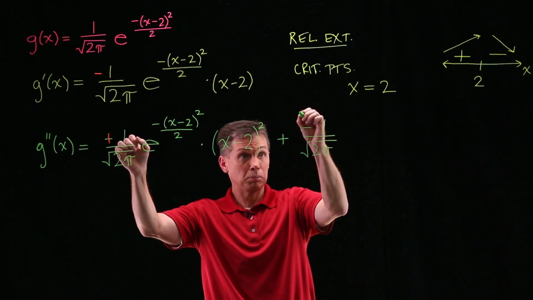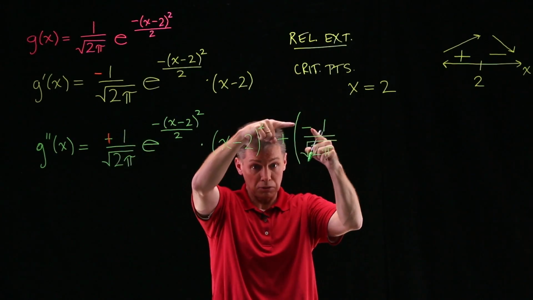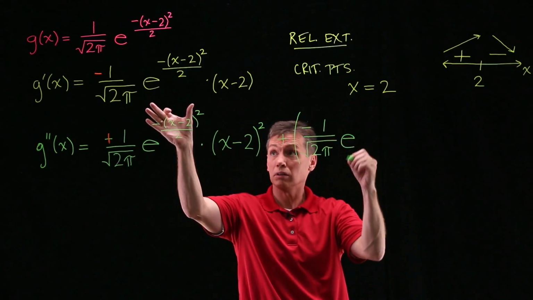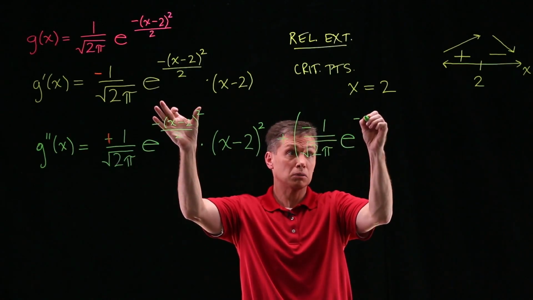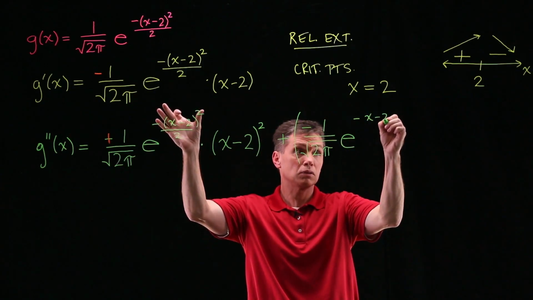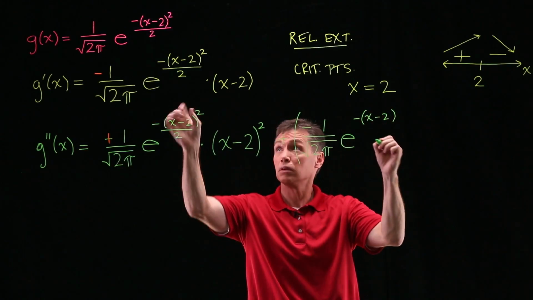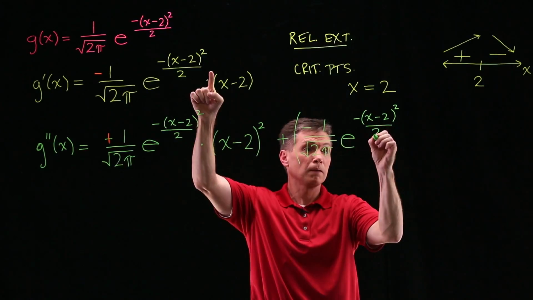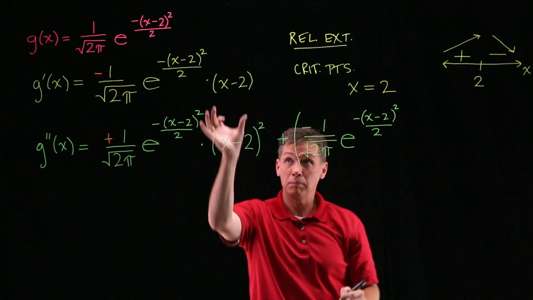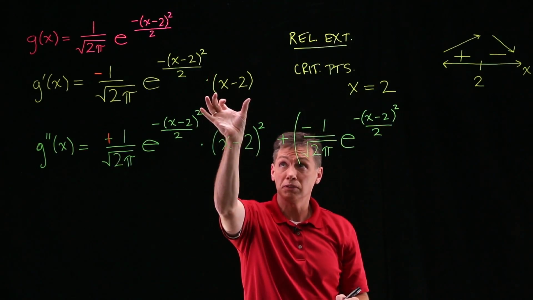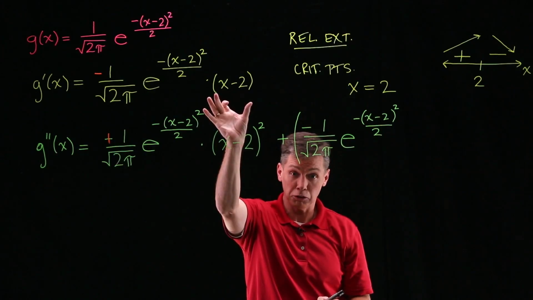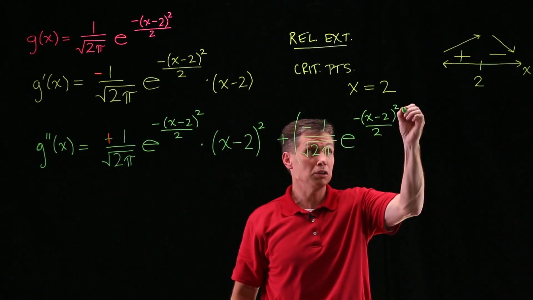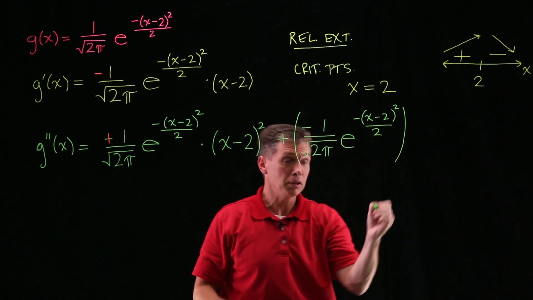All right. I'm going to put parentheses just because of the plus and then the minus. This e I'm leaving alone, part of the product rule. X minus 2 parentheses squared divided by 2. All right, and product rule, I'm now multiplying by the derivative of this second chunk, x minus 2, but the derivative of that is just 1. Right, so I'm actually good. I'll close those parentheses there.